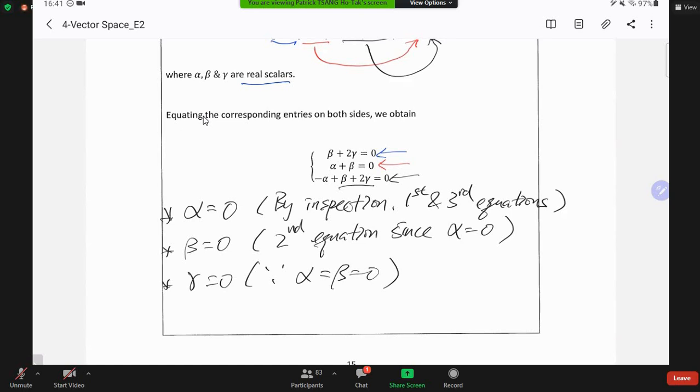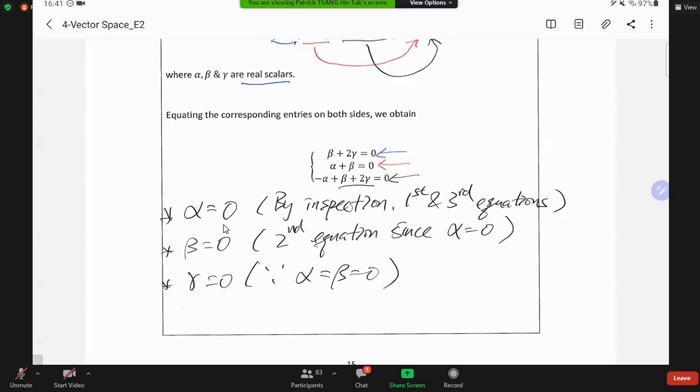Go back to the original question. We are targeting the result for linear independence. The target is to show that alpha, beta, and gamma all equal 0 at the same time. So that's great, this is what we want.